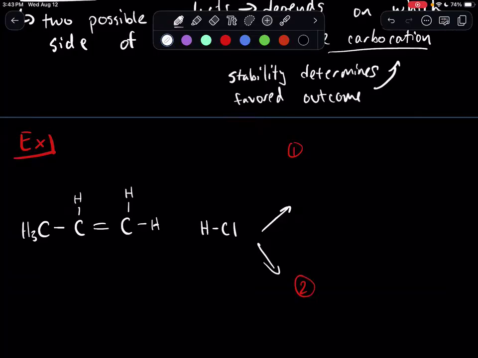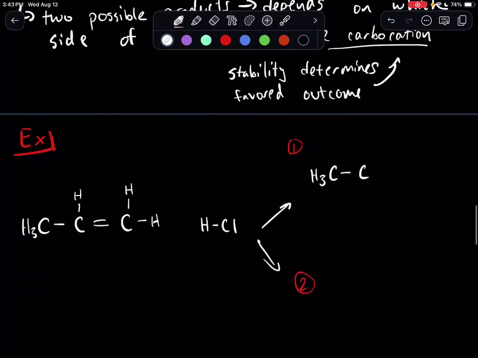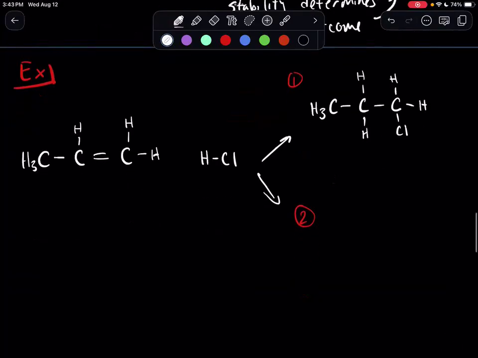So we'll do the secondary spot first. So what I mean is we have CH3 bonded to C, bonded to H, and then we put the hydrogen here bonded to carbon, and then the chlorine goes here. The other possibility is instead we put the chlorine on the middle carbon, the hydrogen on the end carbon.